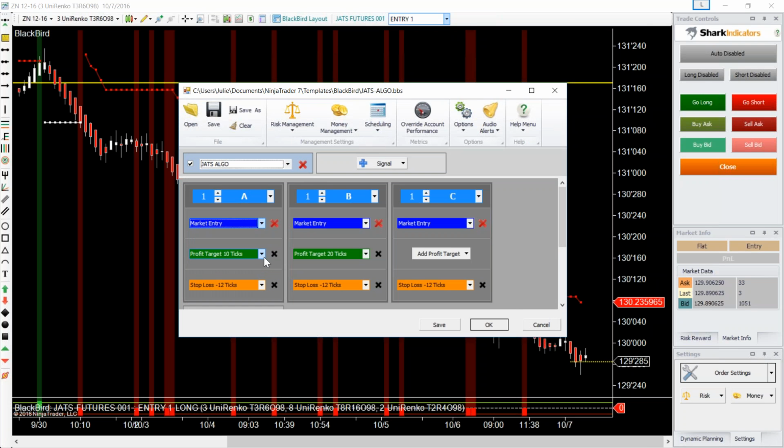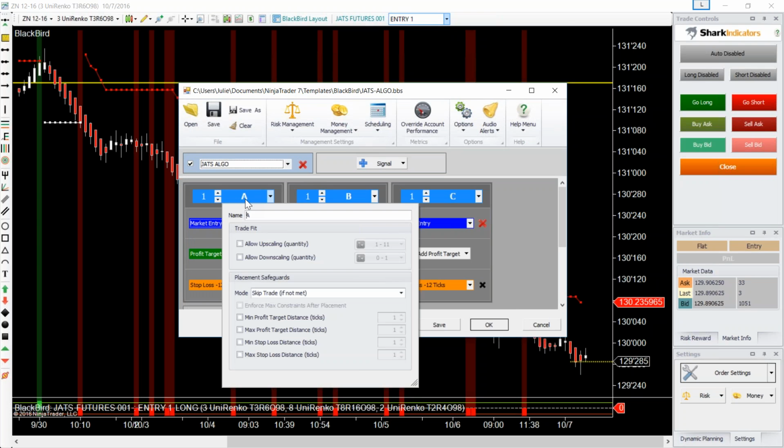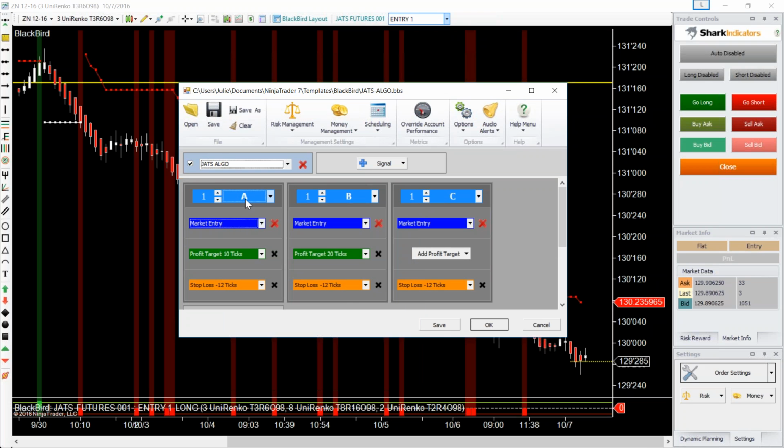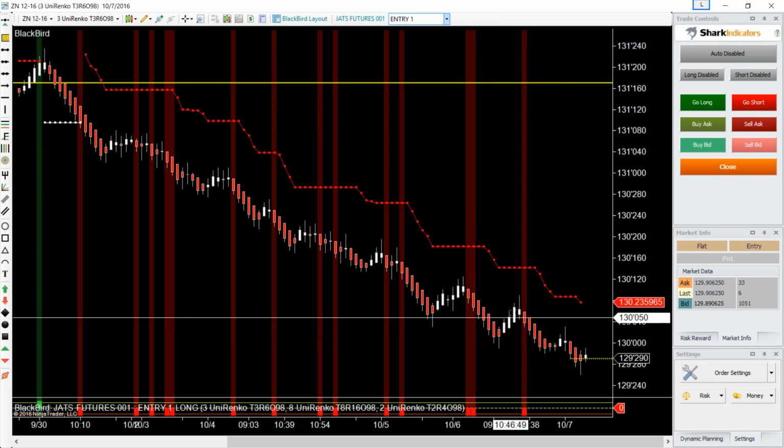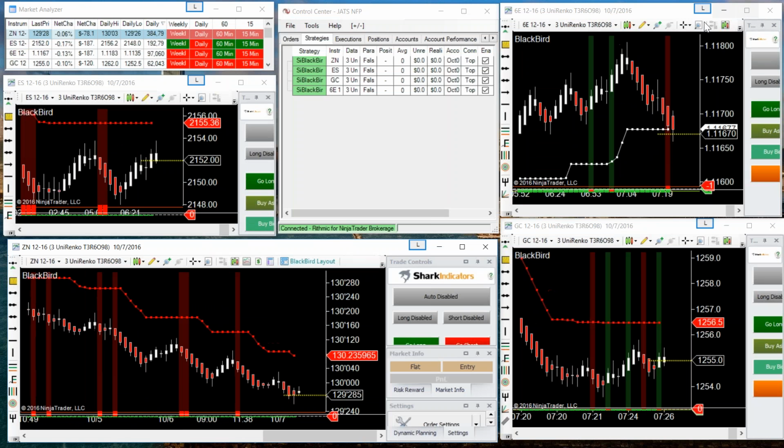I won't get into all the things that you can do with this, but there are so many settings and things that you can do with this that I'm showing you, this very basic system.